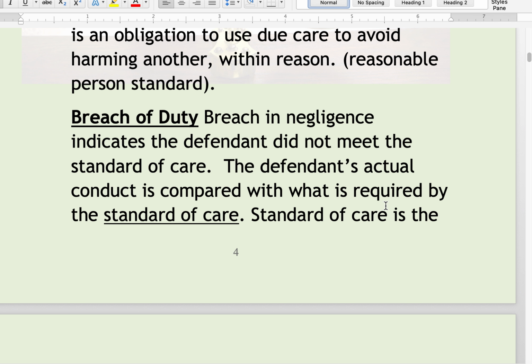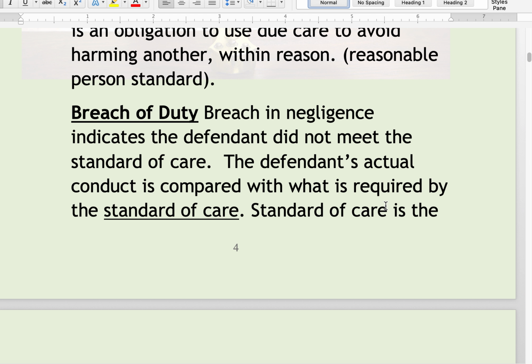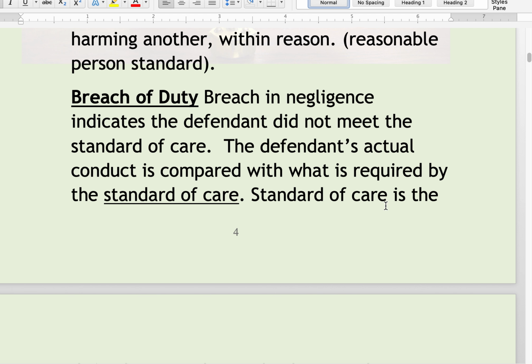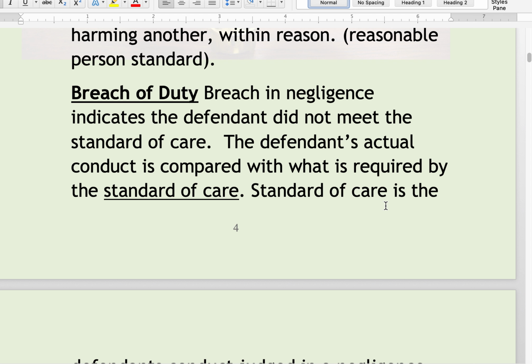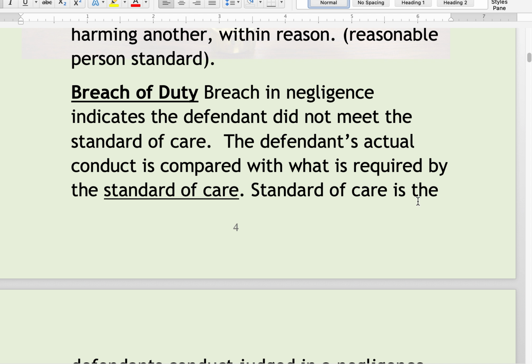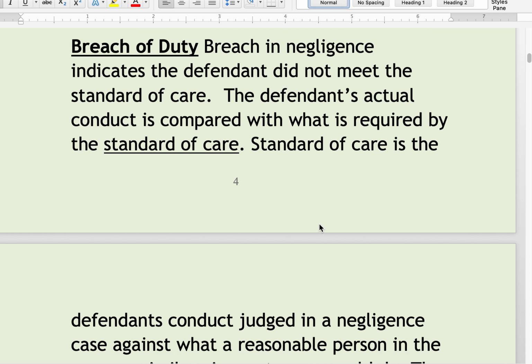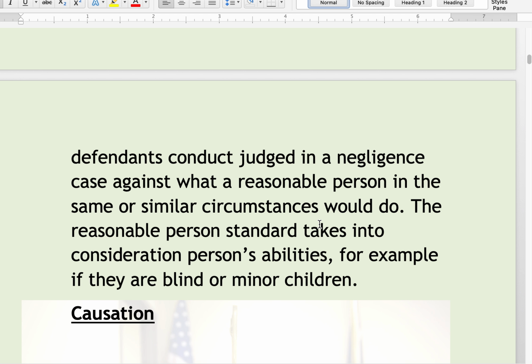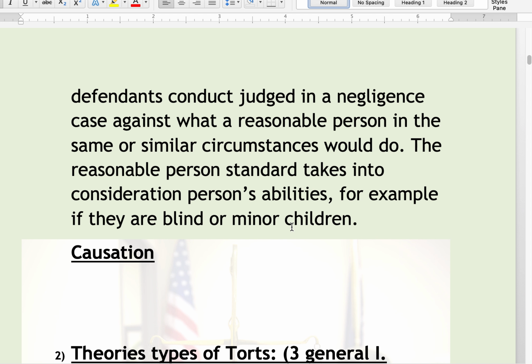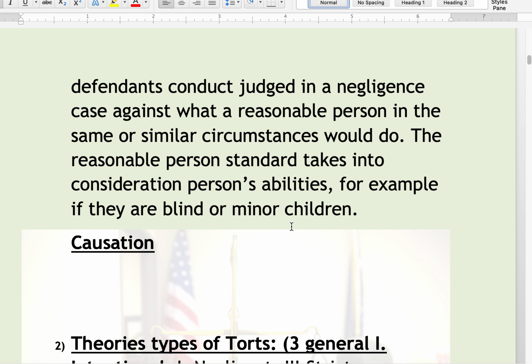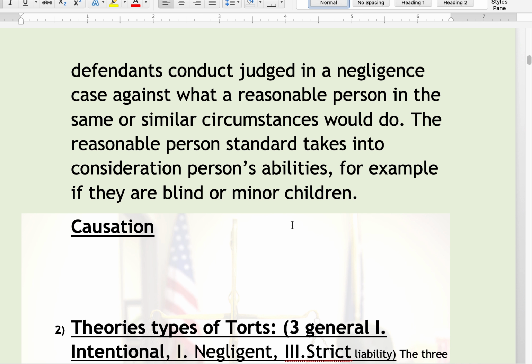Breach of duty. A breach in negligence indicates the defendant did not meet the standard of care. The defendant's actual conduct is compared with what is required by the standard of care. The standard of care is the defendant's conduct judged in a negligence case against what a reasonable person in the same or similar circumstances would do.